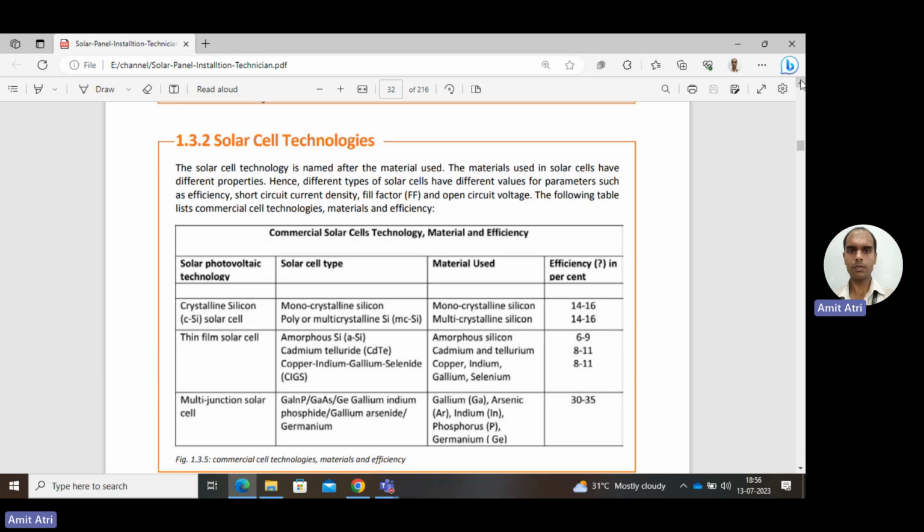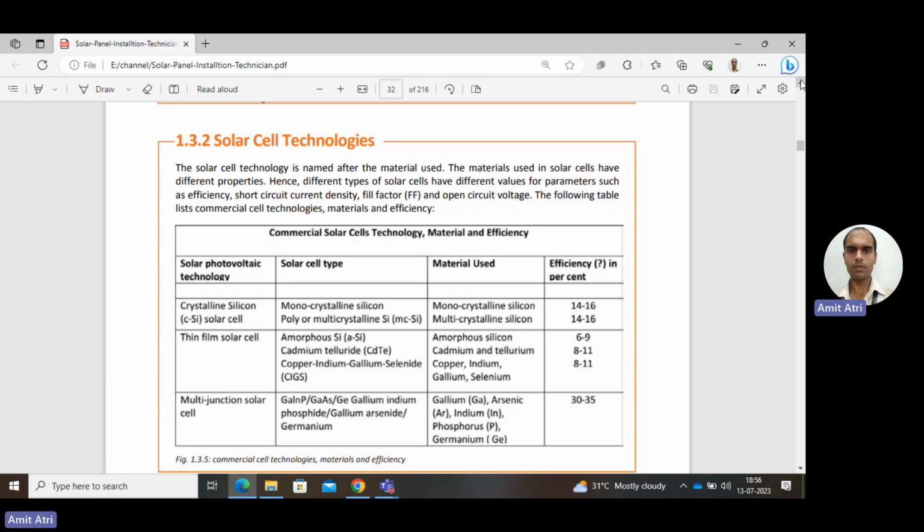Amorphous silicon has a very low efficiency, 6 to 9%. Cadmium telluride 8 to 11%. Copper indium gallium selenide has 8 to 11% efficiency. It means that in the monocrystalline silicon solar cell, efficiency is higher.